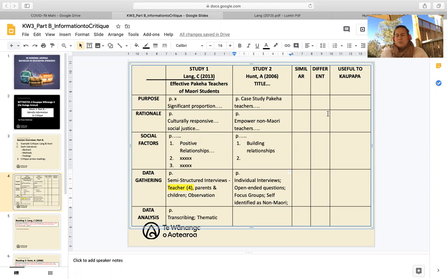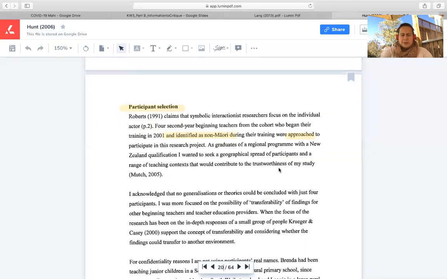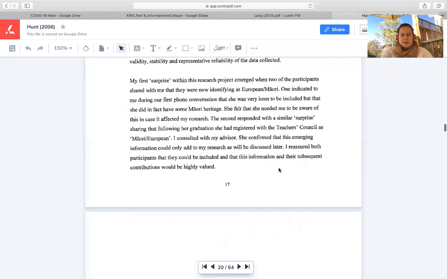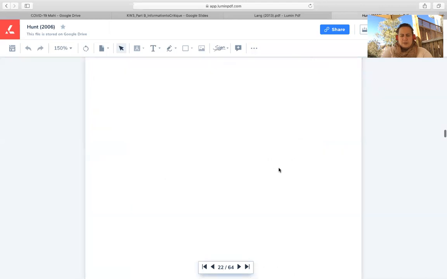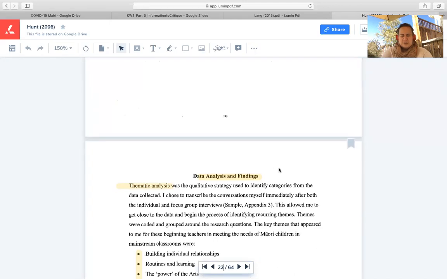Well, for her, it was important to research what other non-Māori teachers are doing to improve educational outcomes for Māori. 18, 19, 20. So that's here.